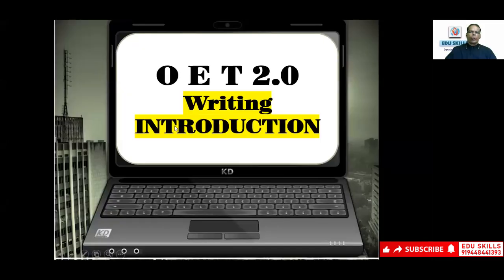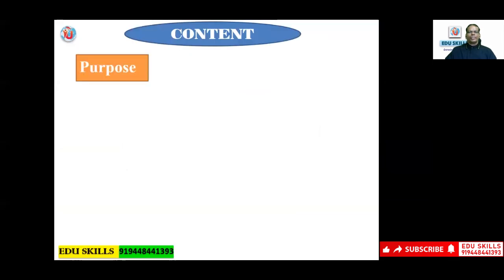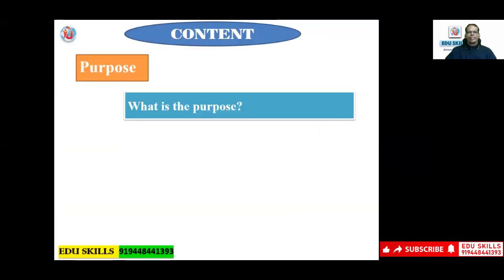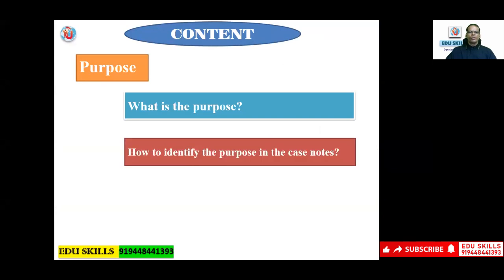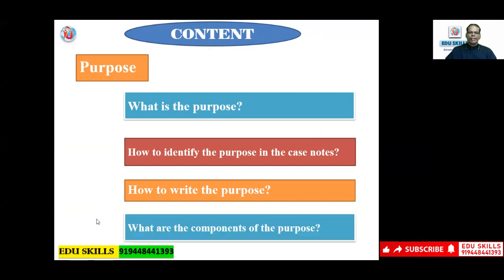So, OET 2.0 writing introduction. Let's see how we fall in love with this writing subtest. We'll be looking into writing skills. The content of this segment: what the purpose is, how to identify the purpose in the case notes, how to write the purpose, and what the components of the purpose are.